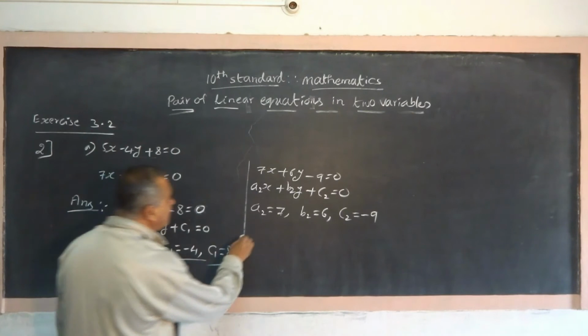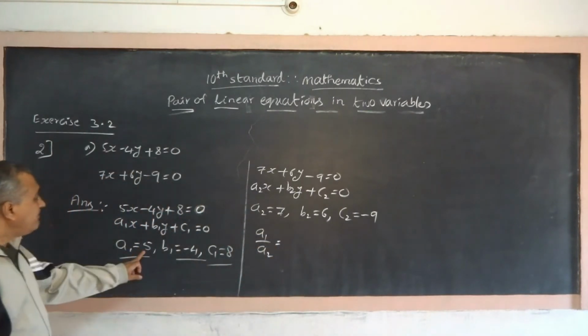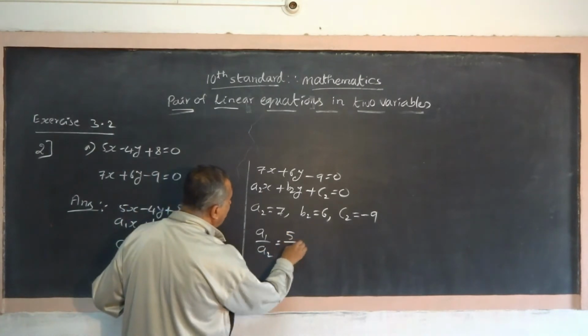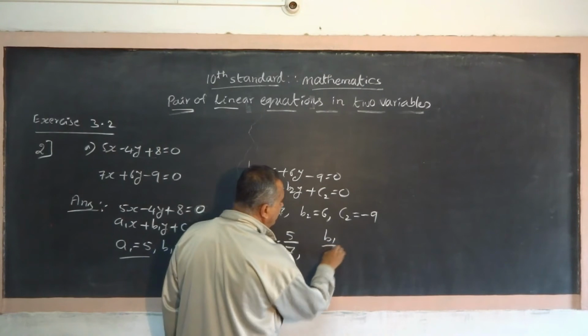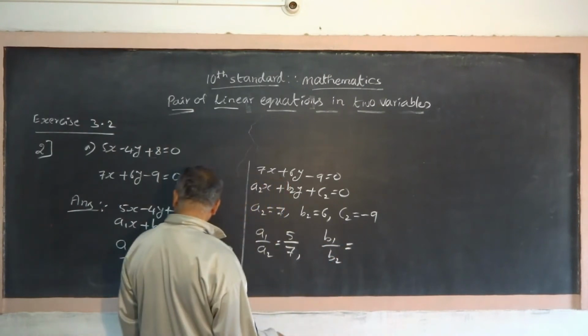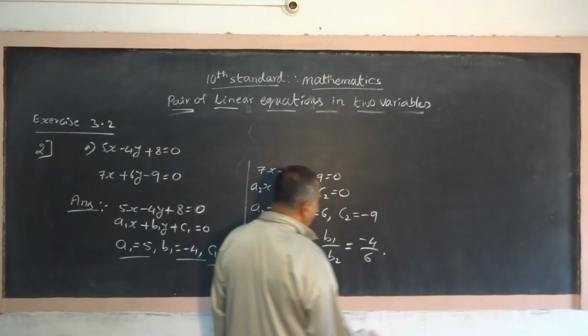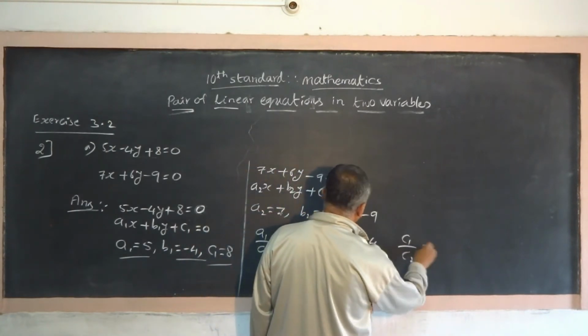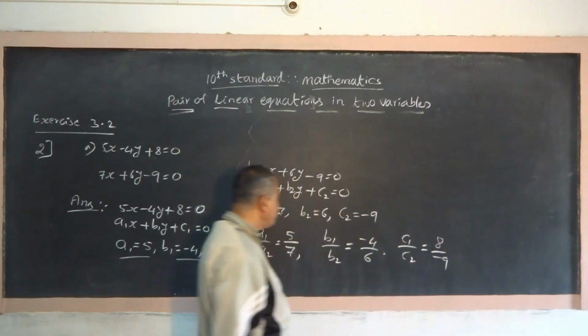Find a1/a2: a1 is 5 by 7. Next, b1/b2: b1 is minus 4 by 6. What is c1/c2? It is 8 by minus 9.